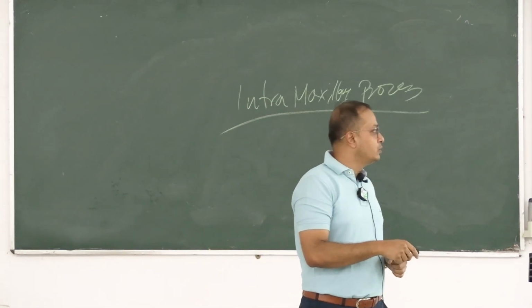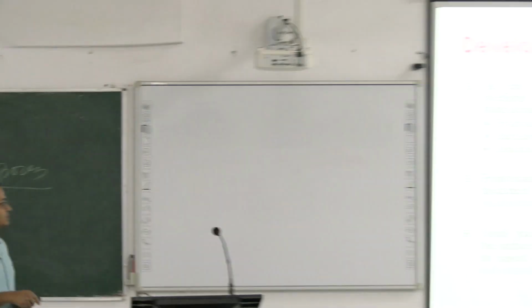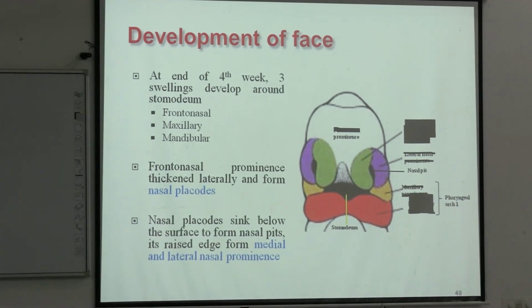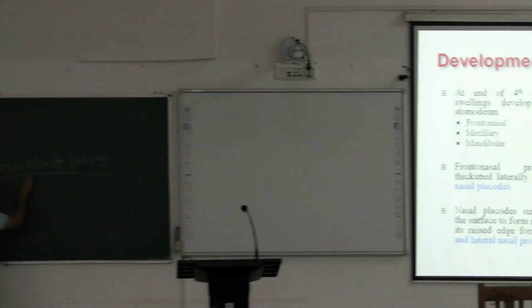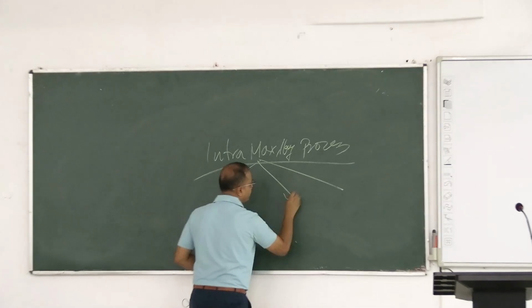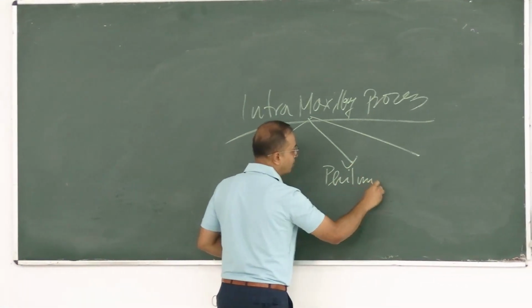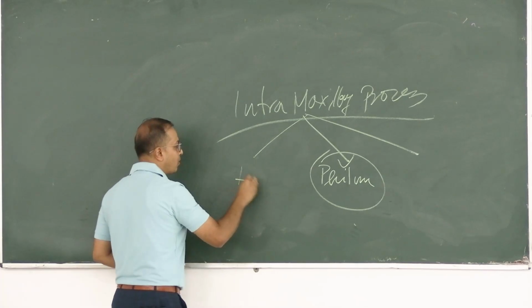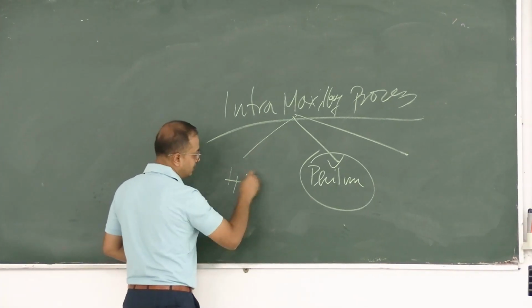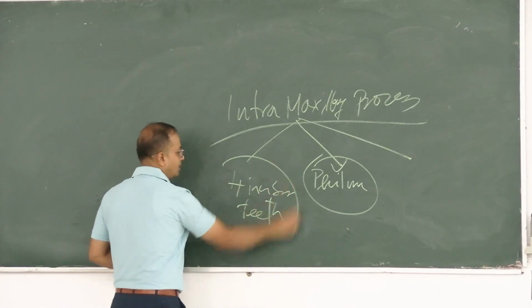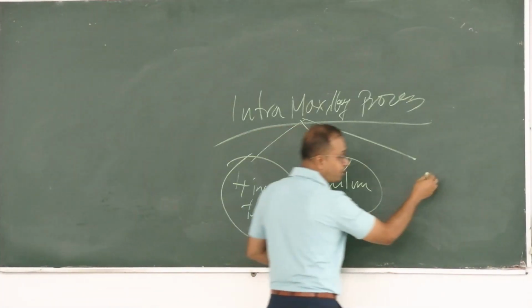So these 2 tissues join in the midline and form the intermaxillary process. Now this intermaxillary process yields 3 tissues: 1, 2 and 3. The midline one forms the philtrum of the upper lip. It forms the front 4 incisor teeth. And it forms a part of the palate.